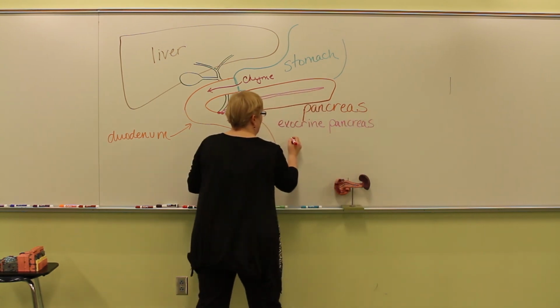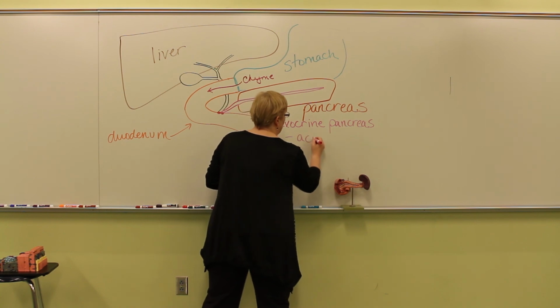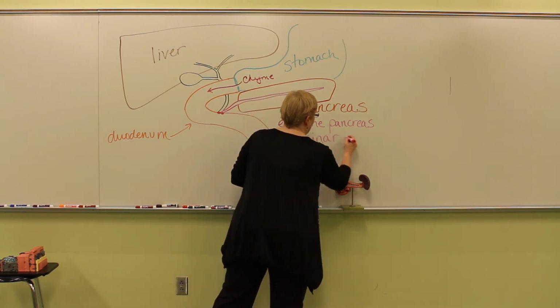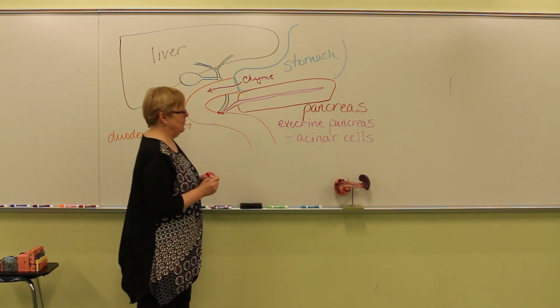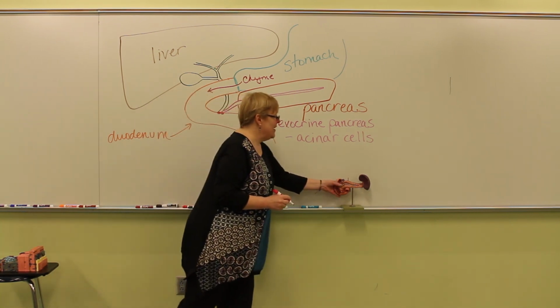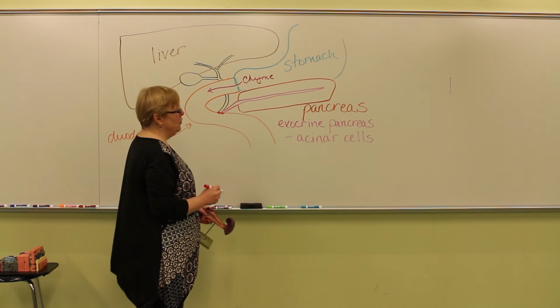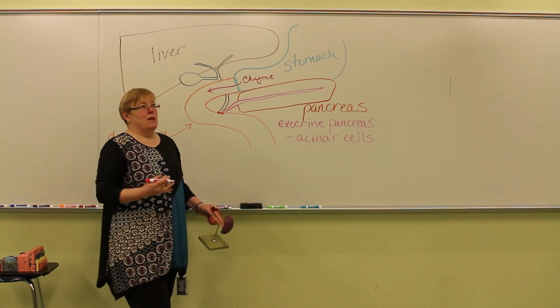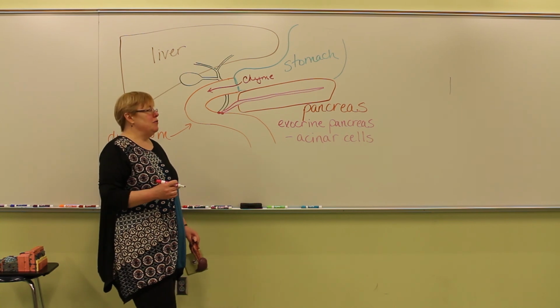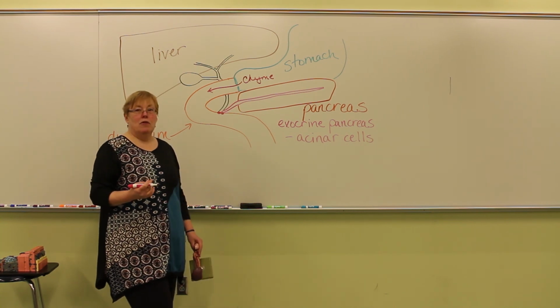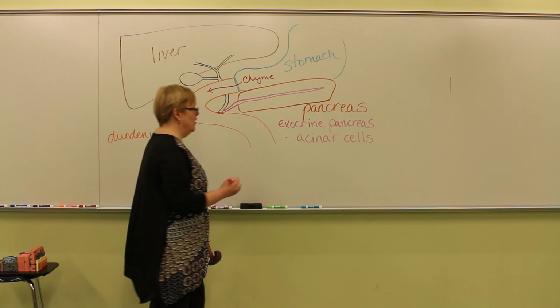The cells that make that up are the acinar cells, or acini, which are collections of acinar cells. These cells produce pretty much every type of enzyme that you would need to digest organic molecules.